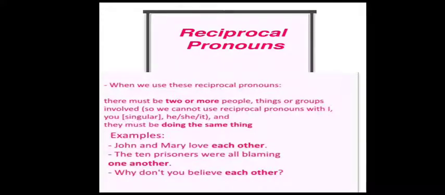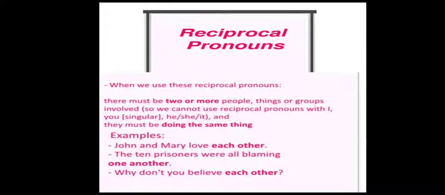For example, John and Mary love each other. Second, the 10 prisoners were all blaming one another. So all of them, what they were doing, they were blaming one another. So there are multiple subjects and all of them are working in the same direction.